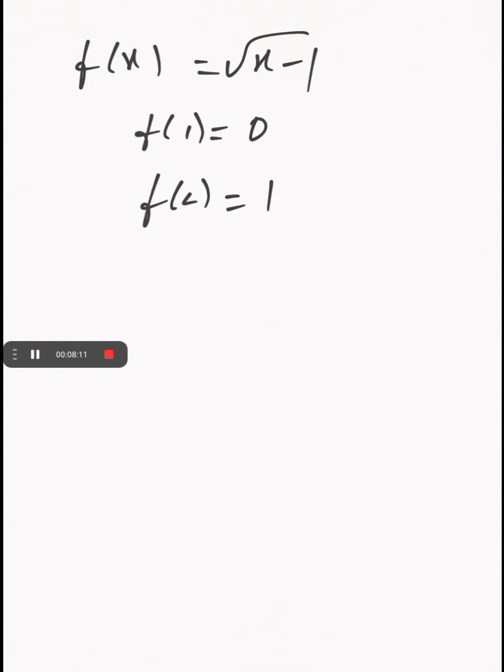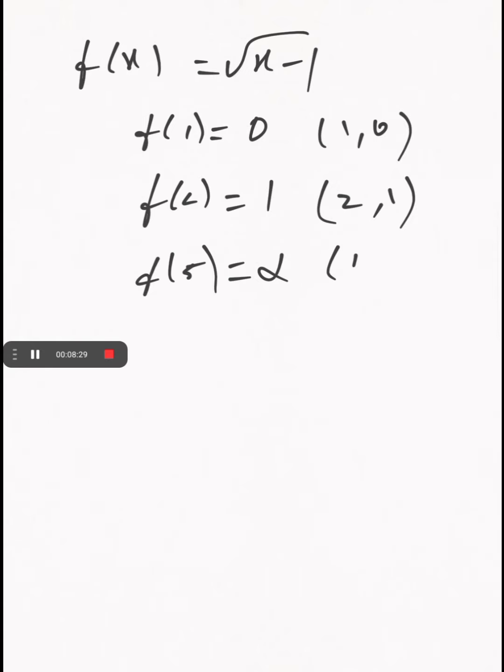If we give x equal to 5 here, f of 5 equals root of 5 minus 1, that is root 4, that means equal to 2. The ordered pairs are 1, 0; 2, 1; 3, 2. And these are the ordered pairs of f of x.